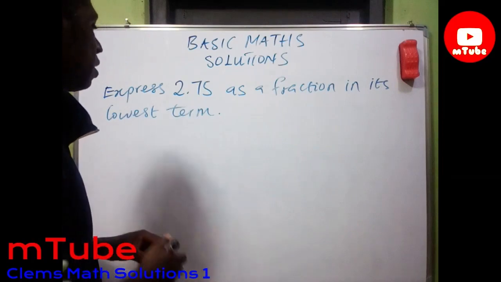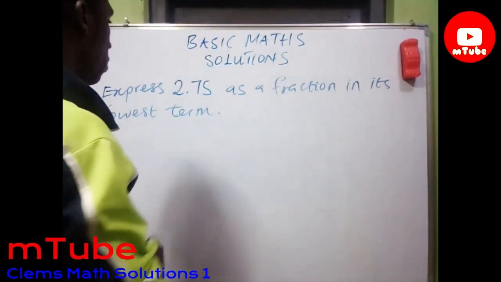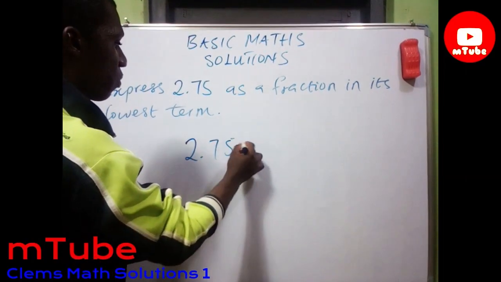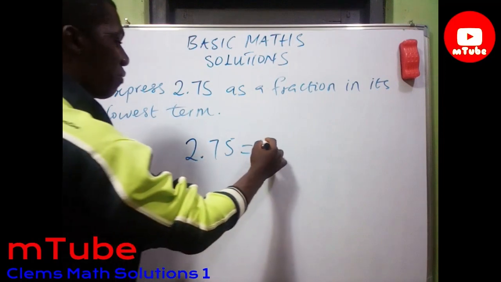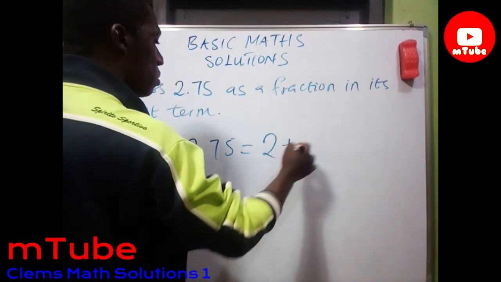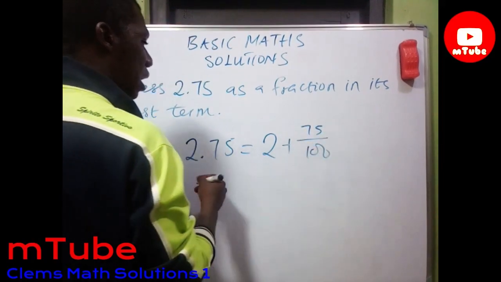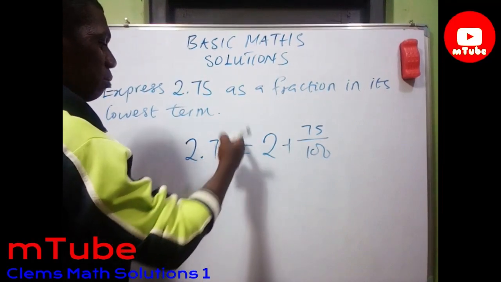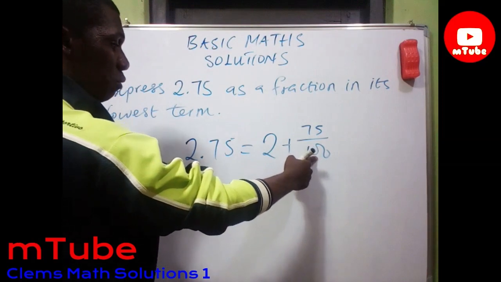Similarly, to express this number as a fraction in the lowest term, you follow the same process. 2.75 is 2 plus 75 over 100. It has to be over 100 because we have a two-digit number, so it must be a fraction of 100.